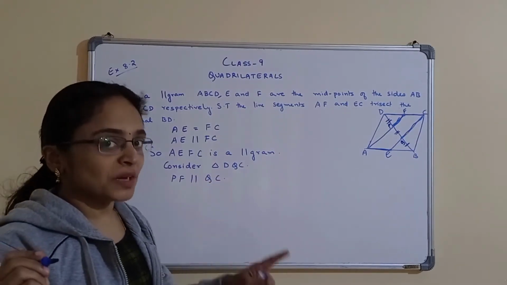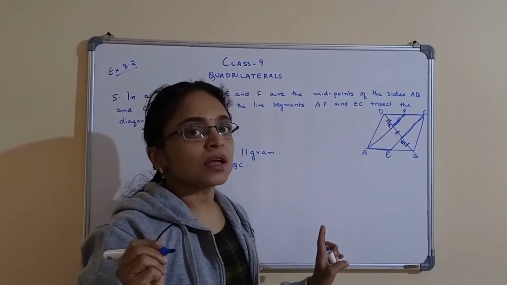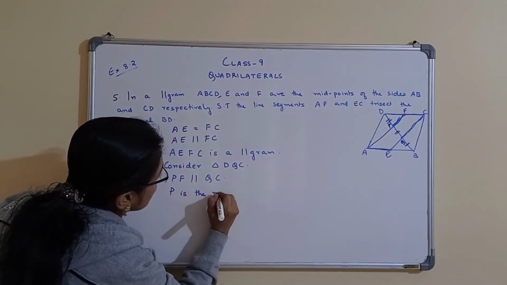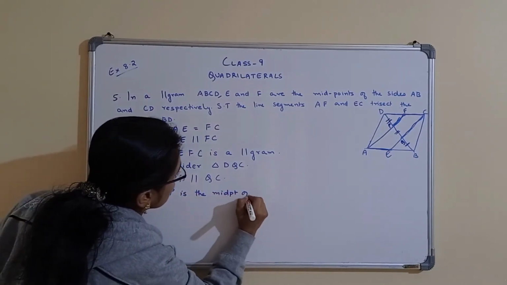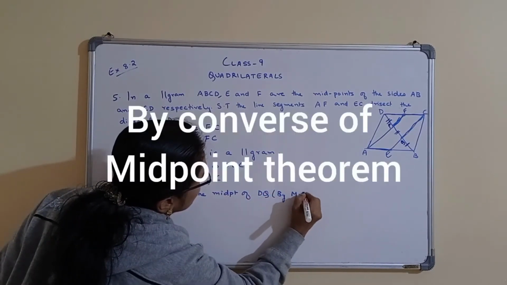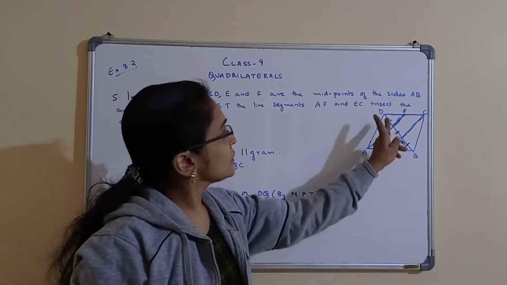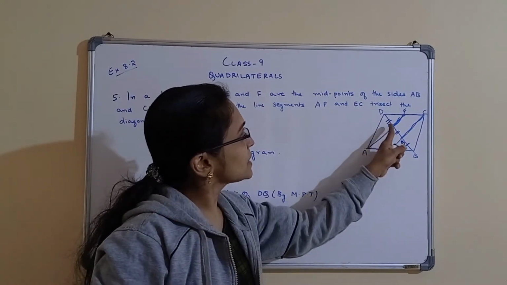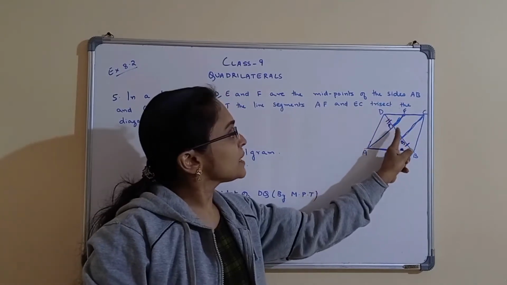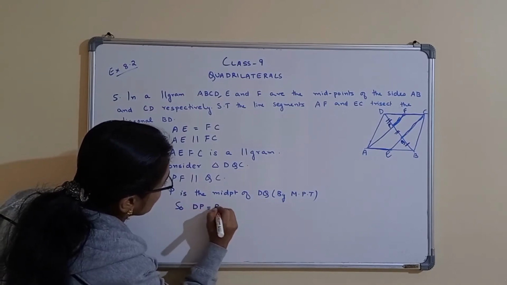By converse of midpoint theorem, we can say that P is the midpoint of DQ. Which means DP is equal to PQ.